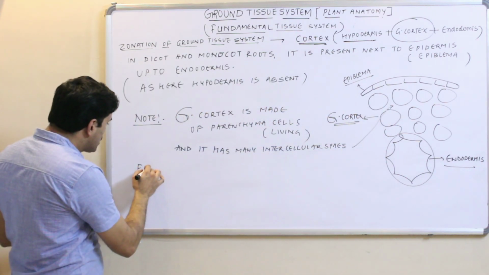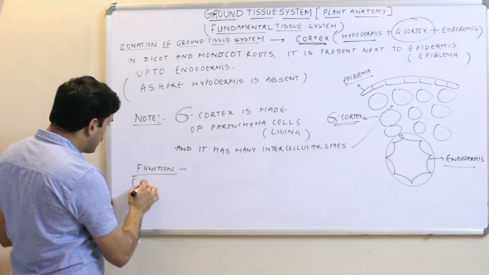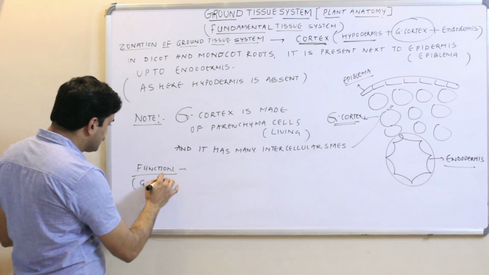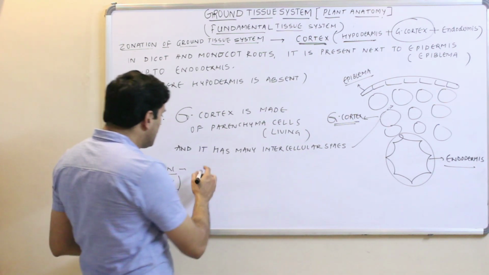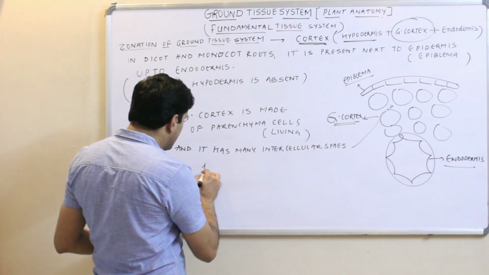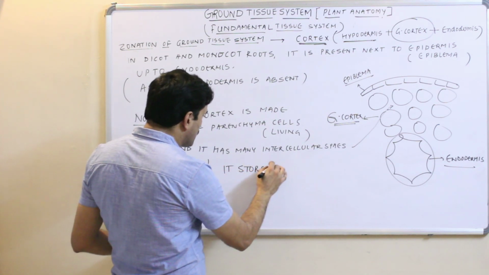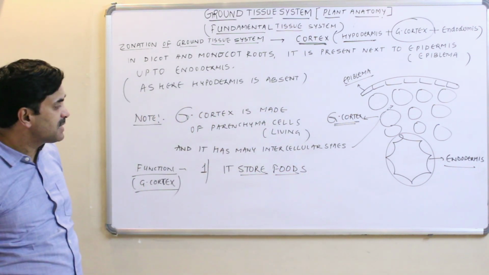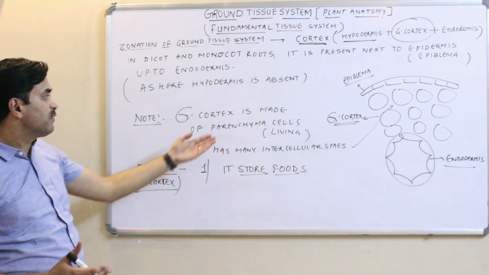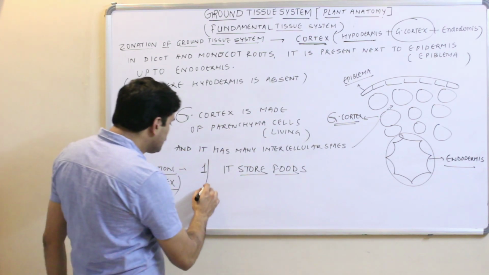Now what is the prime function of this general cortex? The prime function is that it stores food, as it has many intercellular spaces. You know very well parenchyma has the prime role to store the food.